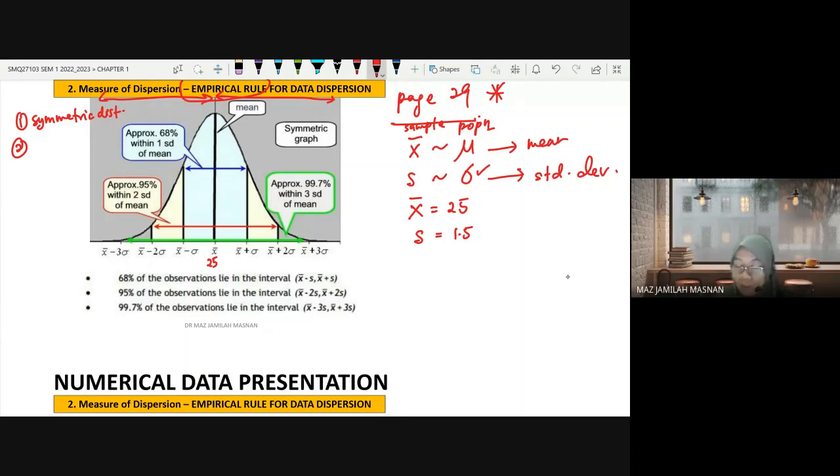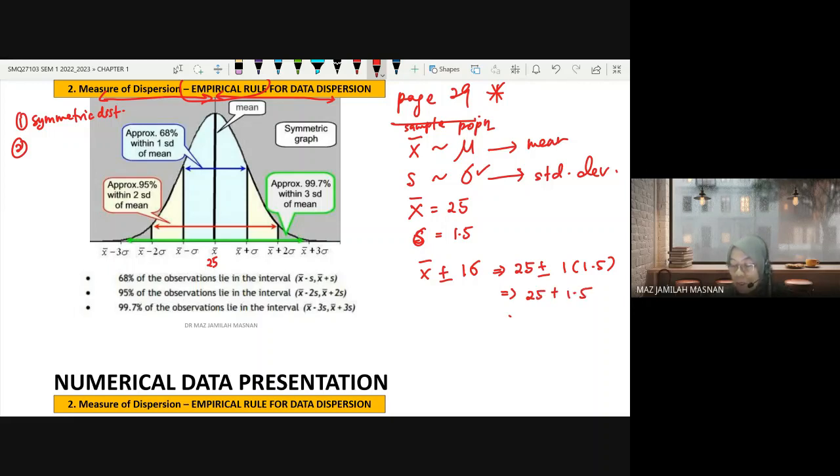If you are talking about one standard deviation, it means X bar plus or minus 1S. In this case we use the population, so it will be 1 sigma. So you have 25 plus or minus 1 multiplied by 1.5, which is 25 plus or minus 1.5.